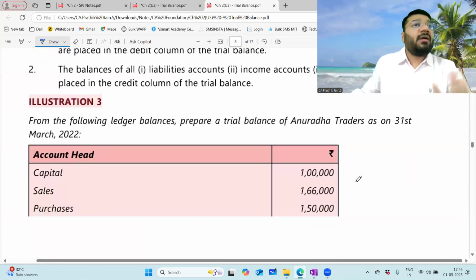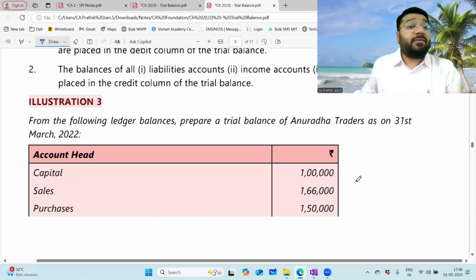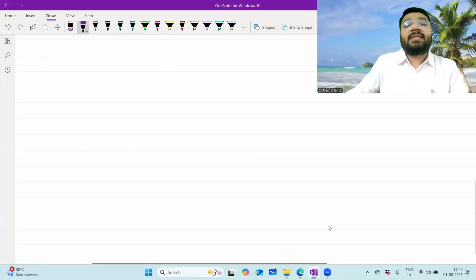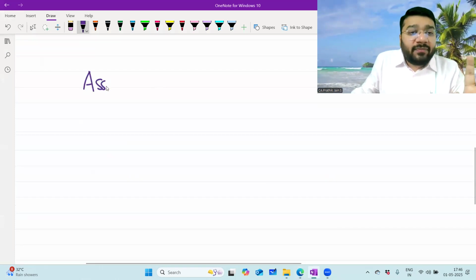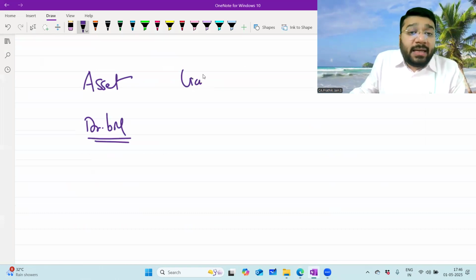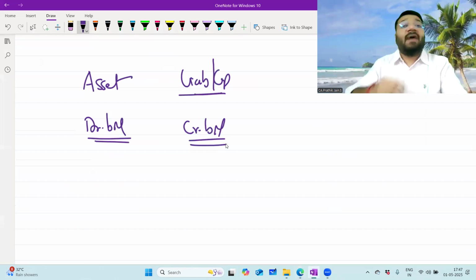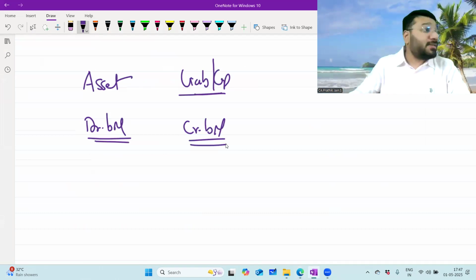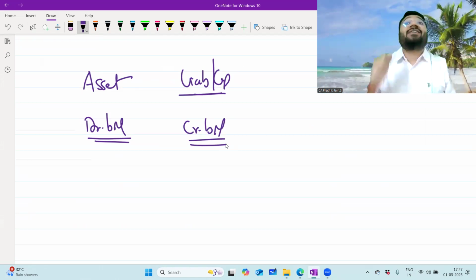Illustration 3. This is homework, but I want to discuss with you which item will go to which column. Before that, we always say in the modern rule, an asset has what balance? Debit balance. Liability or capital has credit balance. Now can you tell me why? Because the rule is designed that way.